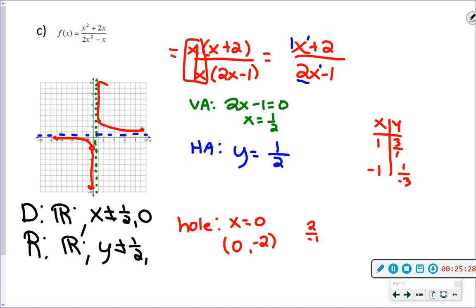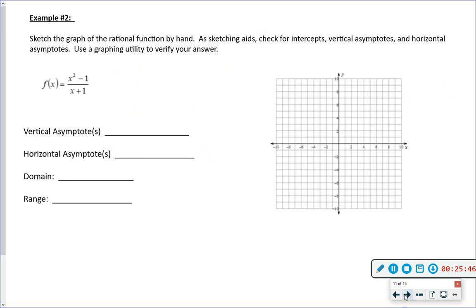And what other number can we not use for y? -2, where the hole is. So some of the domains and ranges look a little crazy with your restrictions when you have point discontinuities. I know it didn't ask for that, but I can't help myself. It's going to start asking us for that. Sketch the graph by hand, check for intercepts, and answer this stuff pretty much.